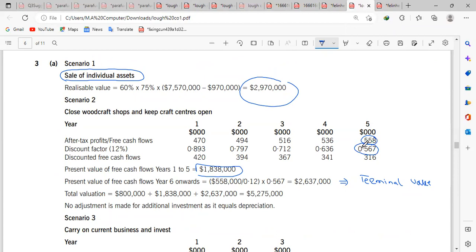Like in the first question which we did today, where we applied the delayed annuity, this is the delayed perpetuity. Here the delayed perpetuity starts from year 6 onwards. So this is one value for years 1 to 5. This is the second value. So this is the total value of the project.